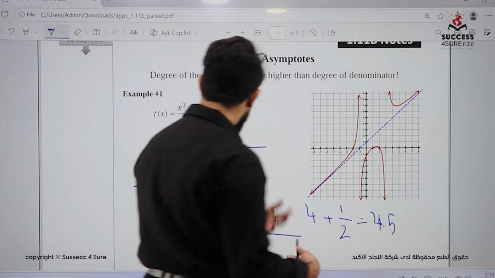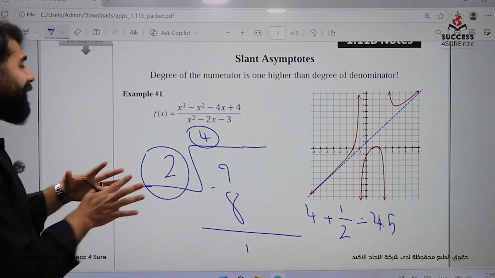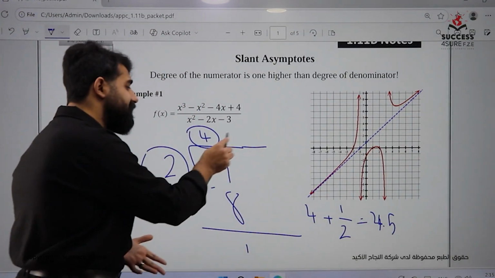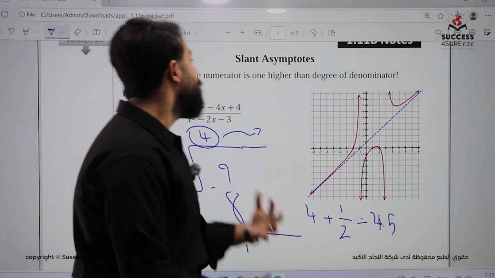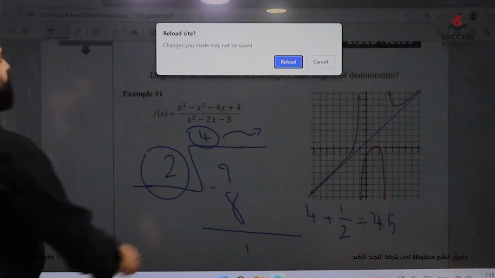Now, in order to understand the slant asymptote, the thing we are interested in is the answer itself, the quotient, which is the slant asymptote we are talking about today.